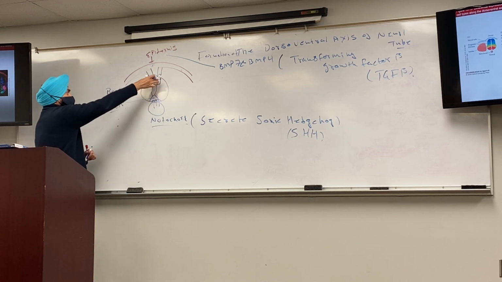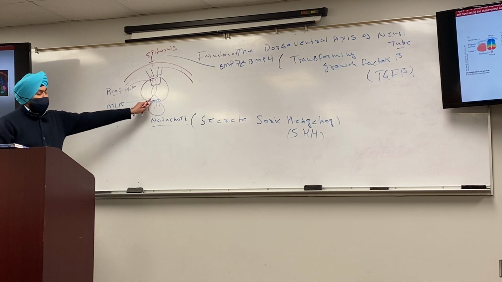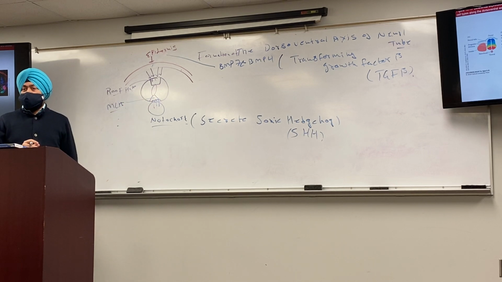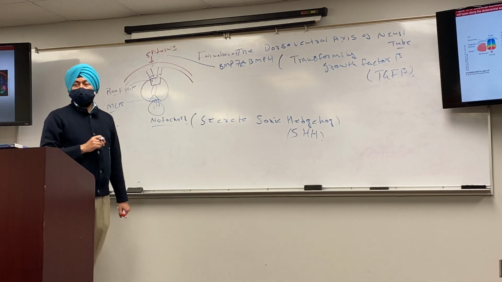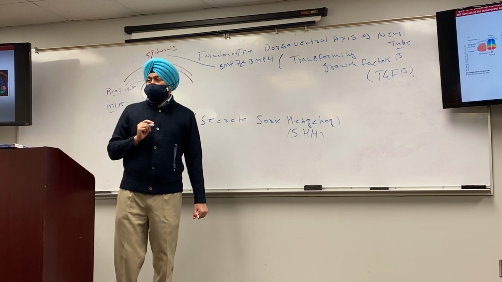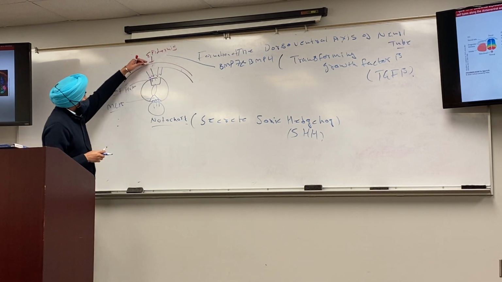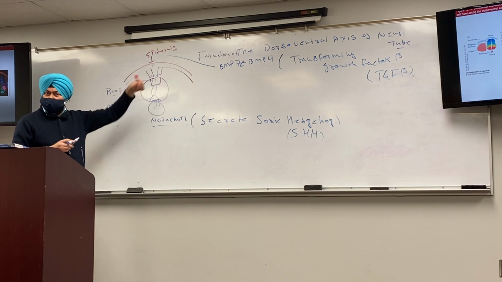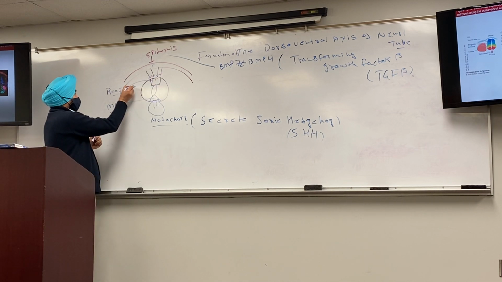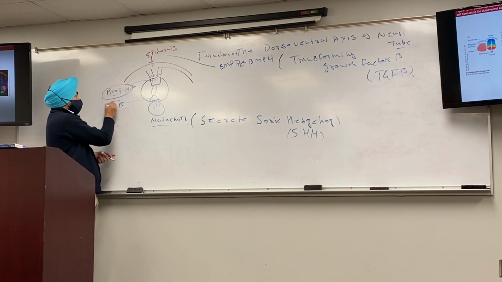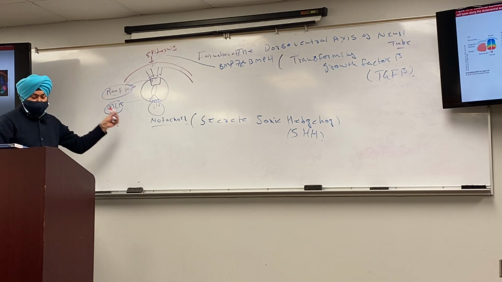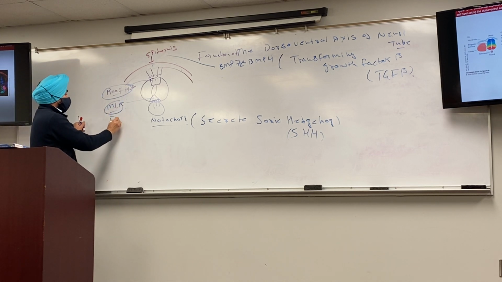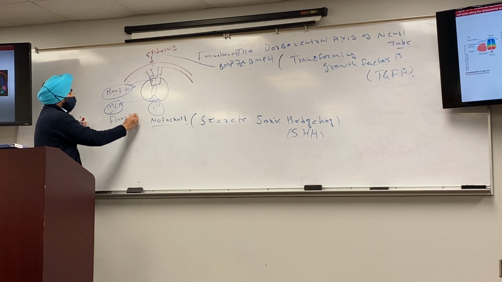So a lot of BMP4, BMP7 coming here, and a lot of sonic hedgehog coming to these cells. These cells of the mediolateral hinge we also call floor plate cells, because those are the floor plate.